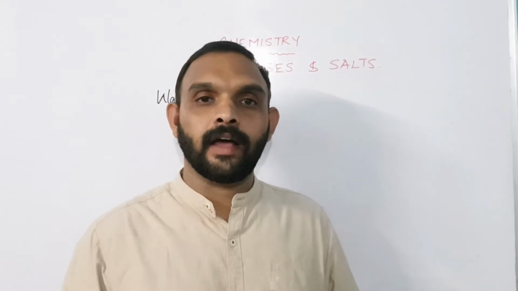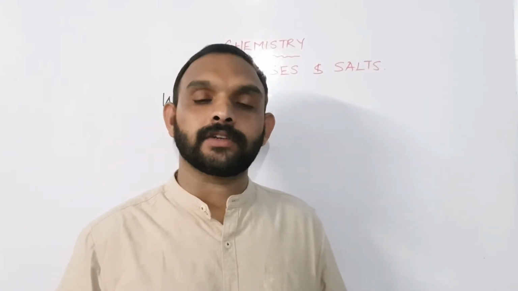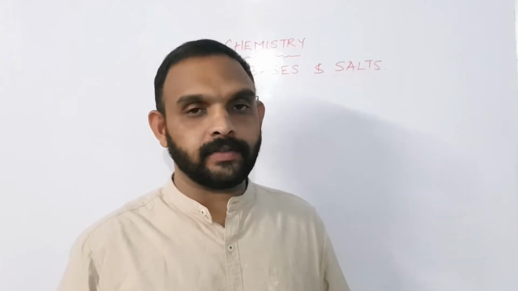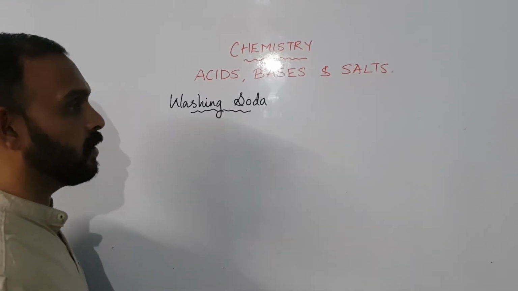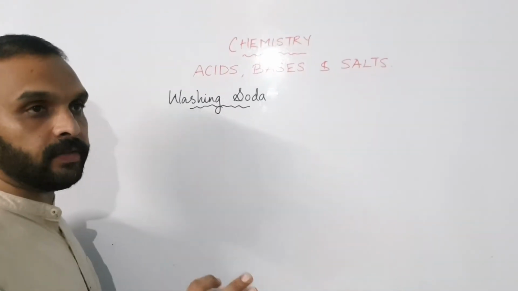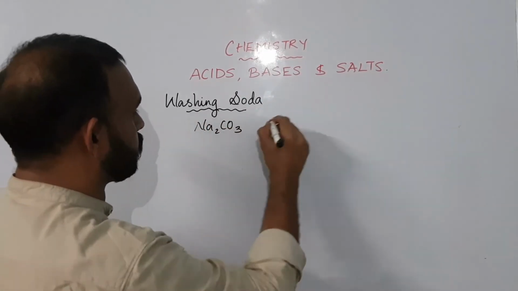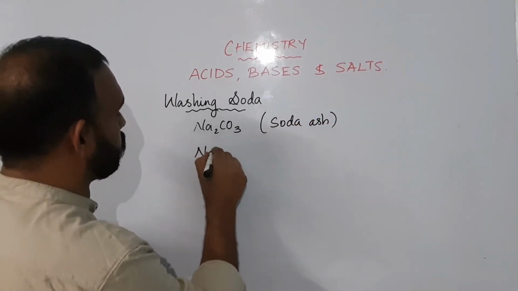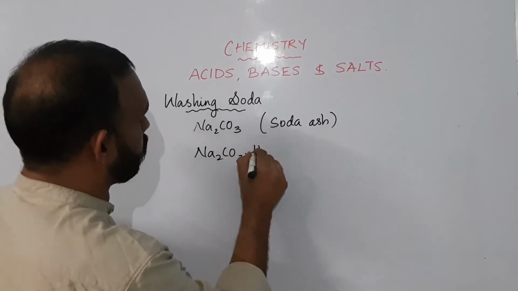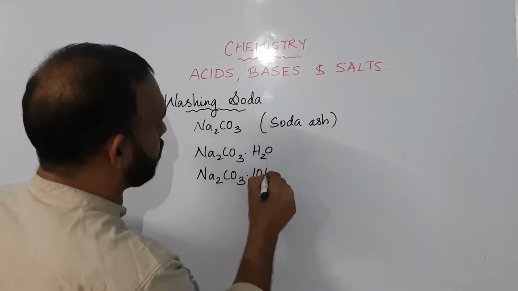So dear students, we have seen the preparation, properties as well as uses of our baking soda. Our next topic is washing soda. Washing soda is commonly found in three forms. They are sodium carbonate, known as soda ash, sodium carbonate monohydrate, and sodium carbonate decahydrate.